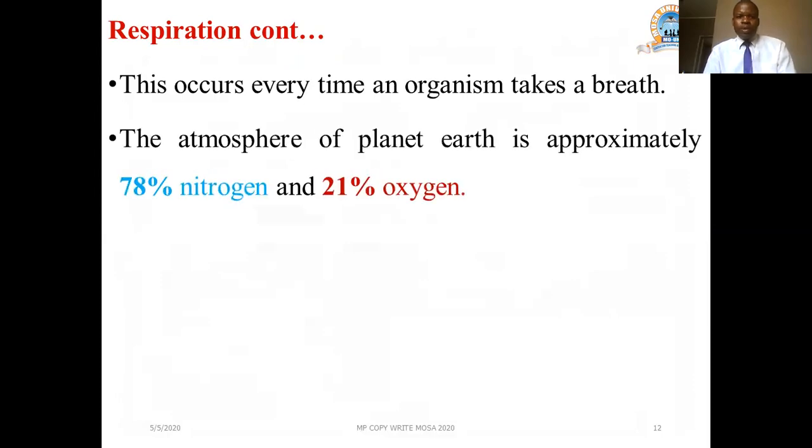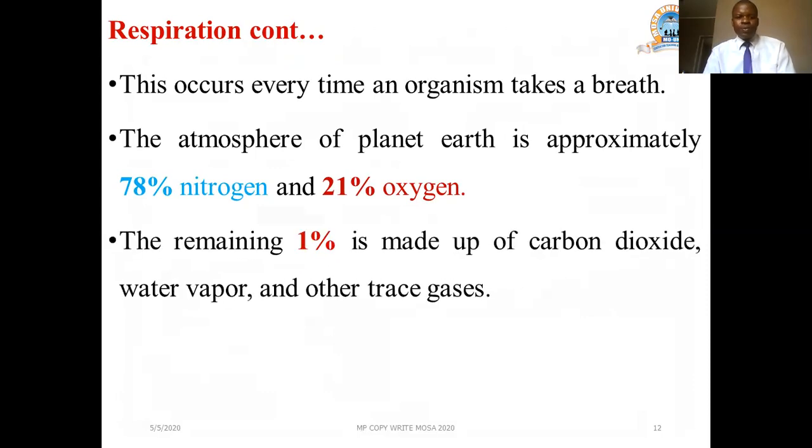The atmosphere of planet Earth is approximately 78% nitrogen and 21% oxygen. The remaining 1% is made up of carbon dioxide, water vapor, and other trace gases. So this is what is found in the atmosphere.